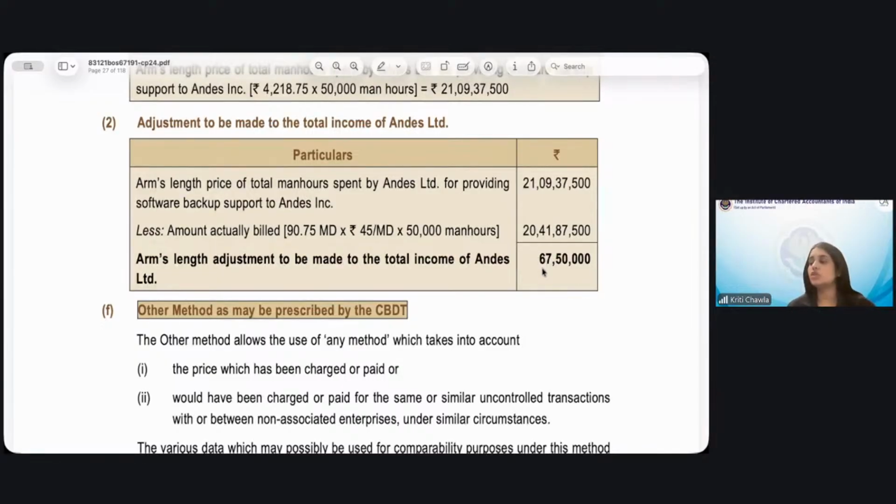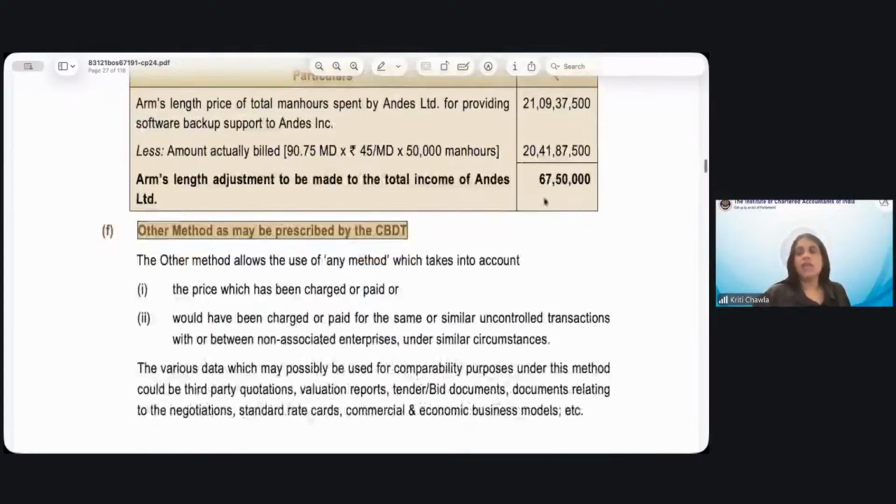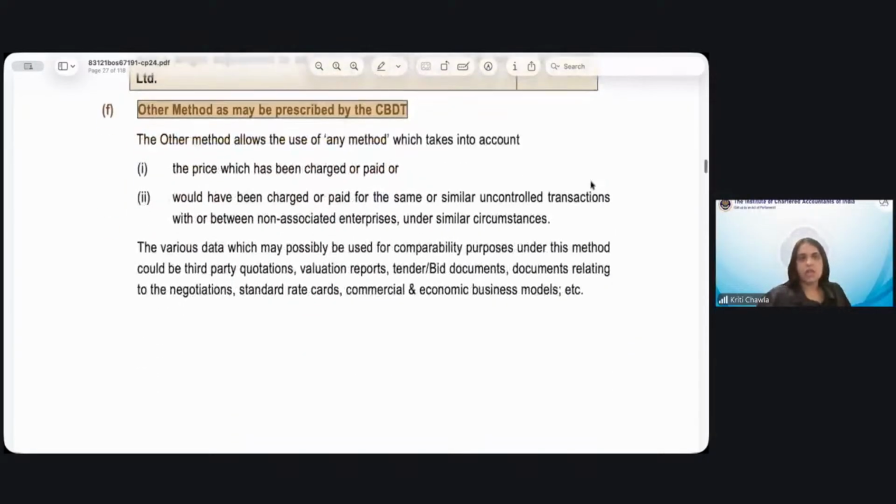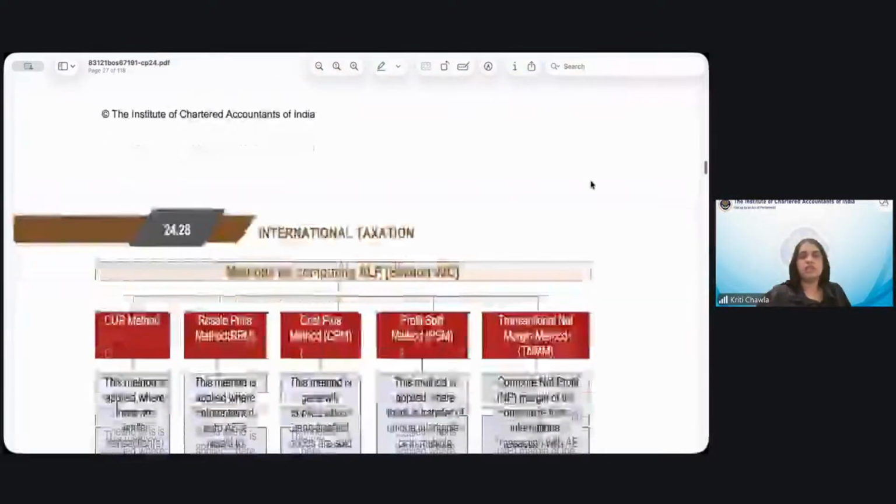Just a summary, what you need to do is calculate the arm's length markup for the related party. Do the same thing for the unrelated party, compare them both, and you will know the arm's length adjustment to be made. Now in this particular situation, because the arm's length adjustment is 67 lakh 50,000, which is less than 1 crore rupees, no secondary adjustment is required.